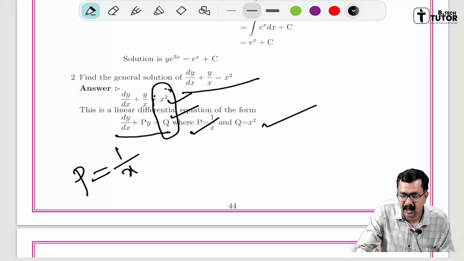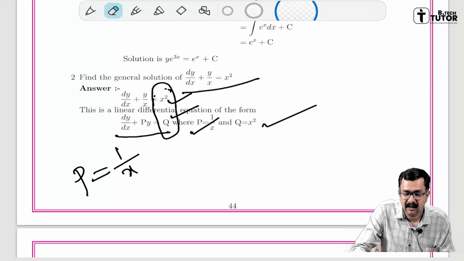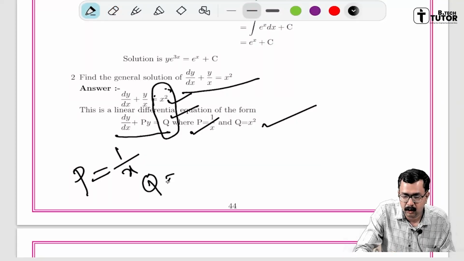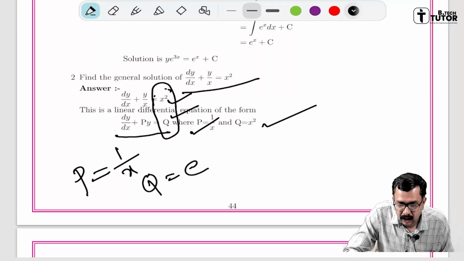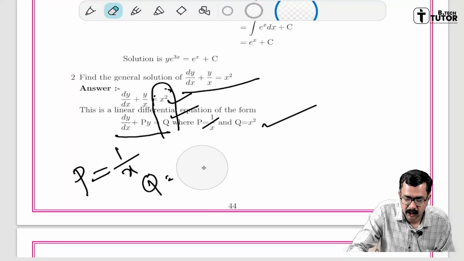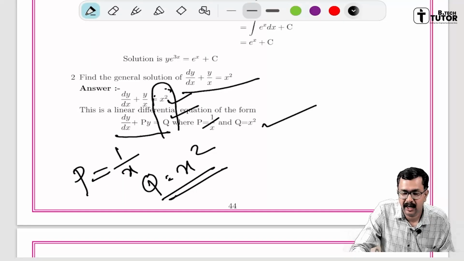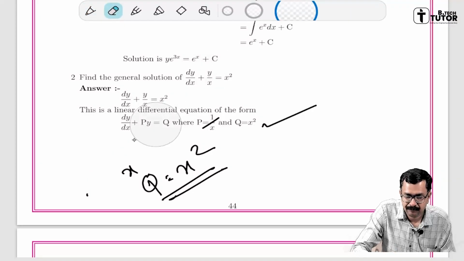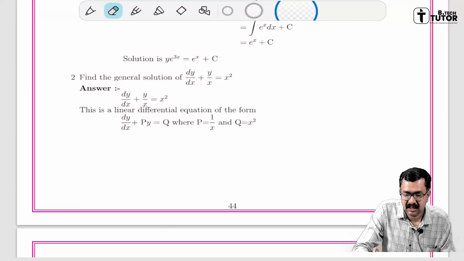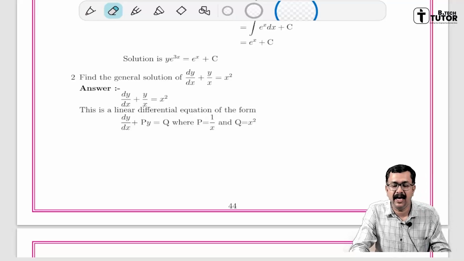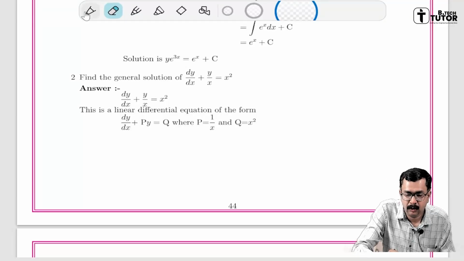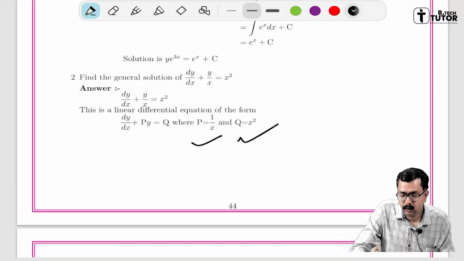So the first step is over, we get p equal to 1 by x and q equal to x square.